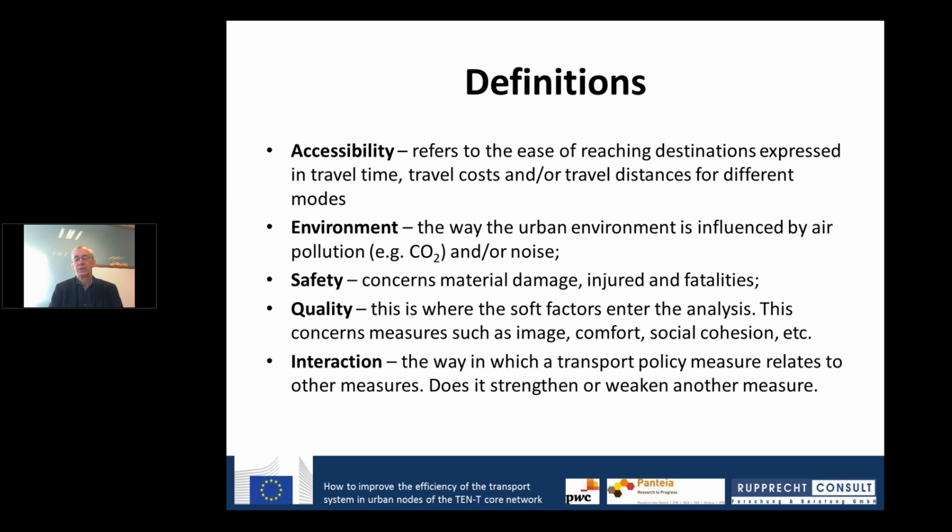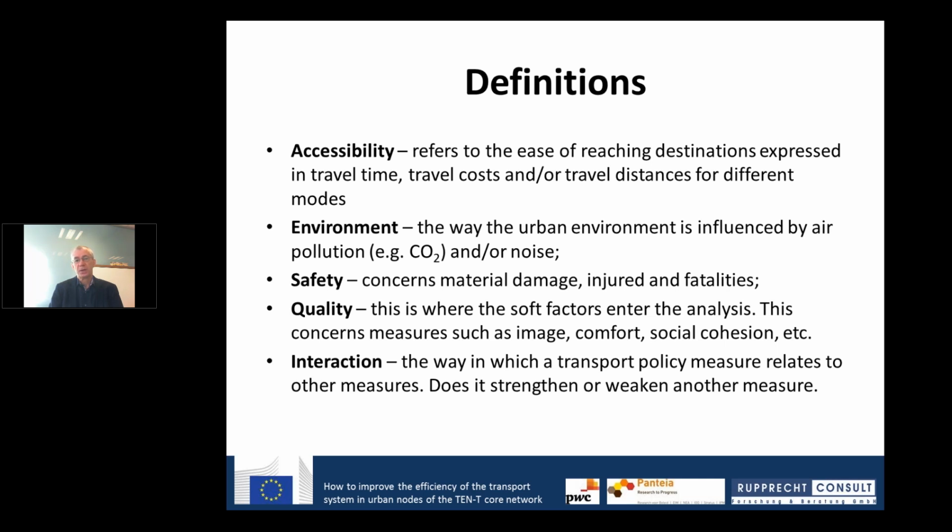So any policy measure that eases reaching destinations will be preferred over other policy measures, for example. Concerning environment, it is the way the urban environment is influenced by air pollution and or noise due to different policy measures.